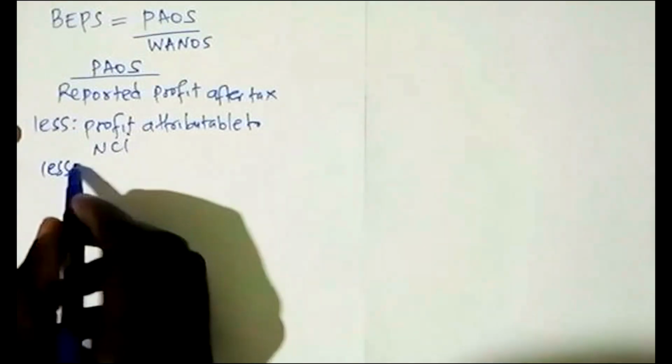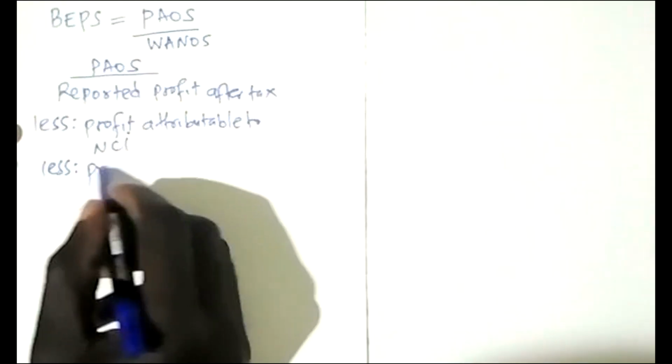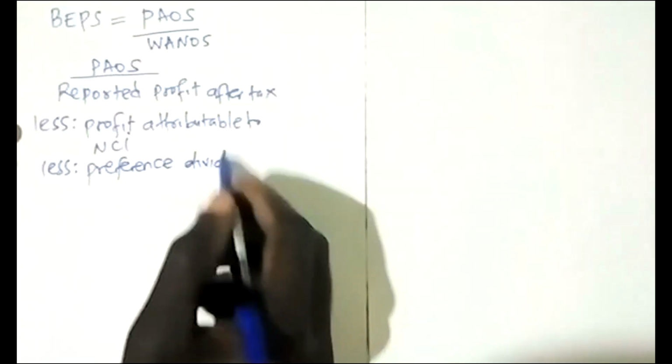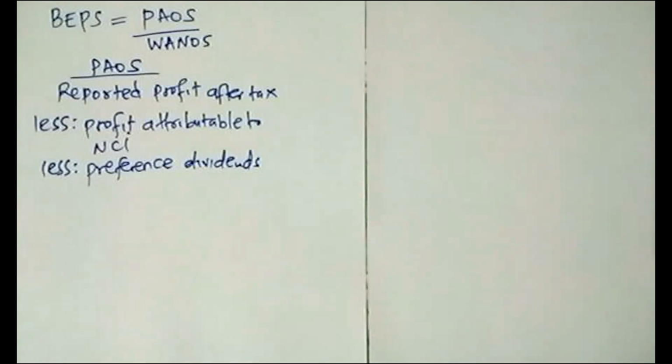Then again, you are supposed to subtract the preference dividends. That is the format which you are supposed to use in order to arrive at the profit attributable to ordinary shareholders.